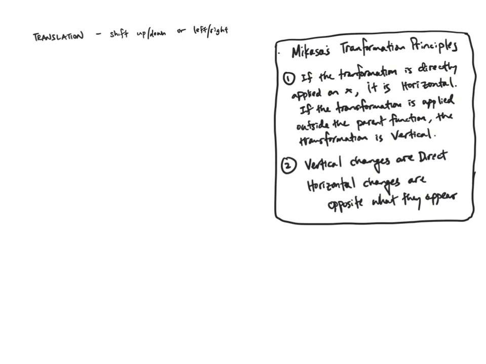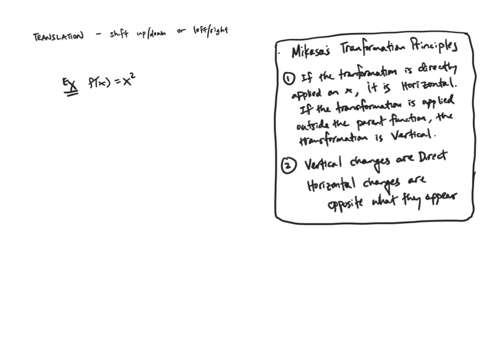So translations, which are shifts up and down. Suppose we have, for example, f of x equals x squared. Let's say that's the parent function we're dealing with.